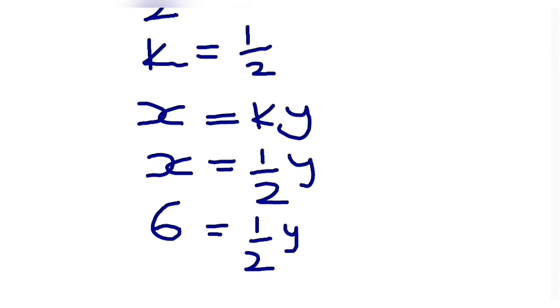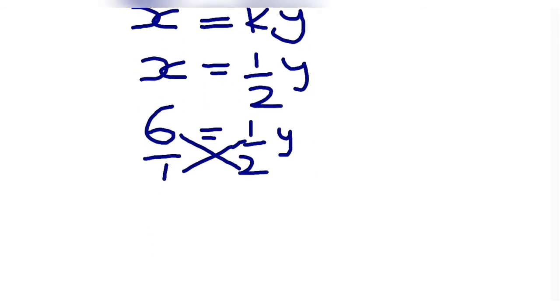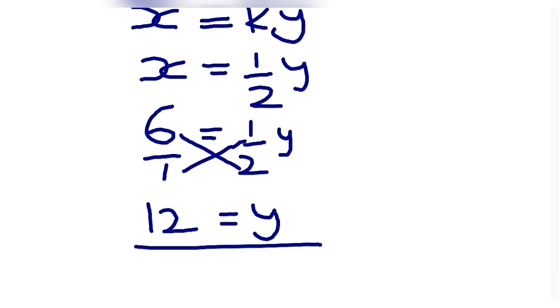And for us to get our y, we should cross multiply, so that we get 2 multiplied by 6, or 6 multiplied by 2. That will give us 12 equals 1 multiplied by 1y, which gives us y. So our value of y is 12.